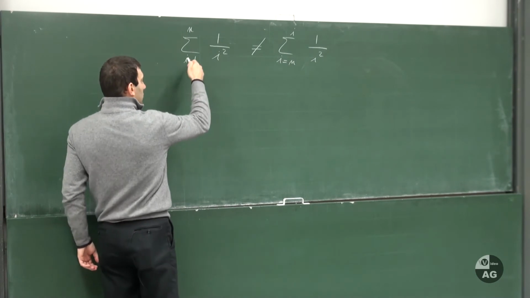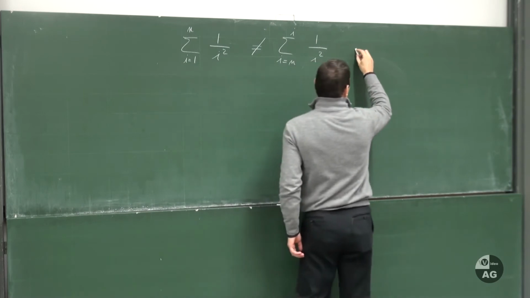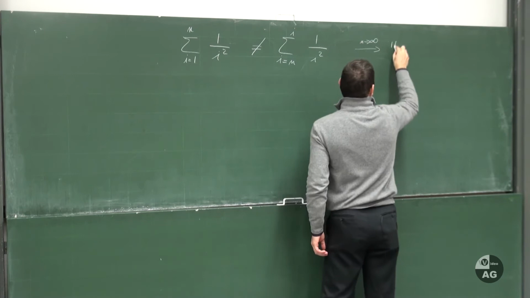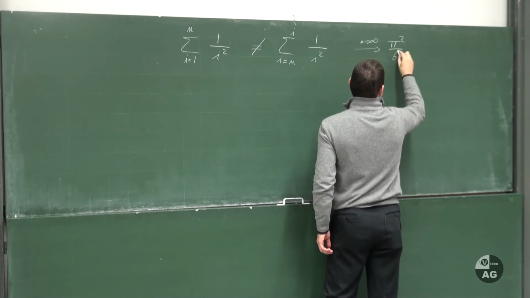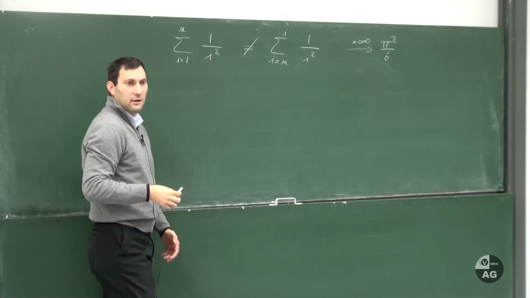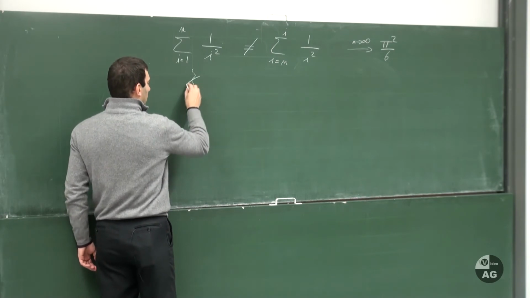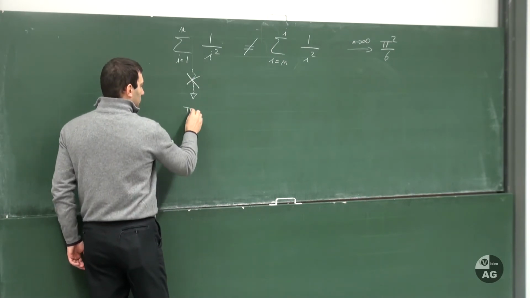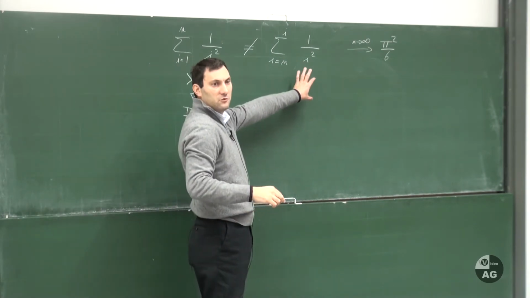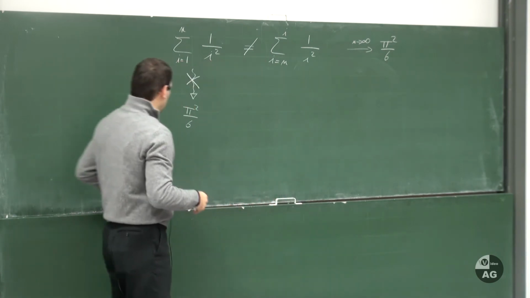In particular, we know the limit of the summation would be something like that. And I showed you already that this thing here really does not go to pi squared over 6, while this thing seemed to converge slowly, but it seemed to actually converge.